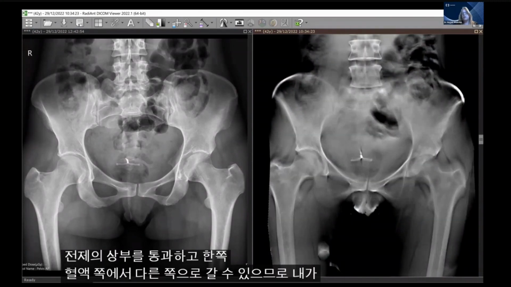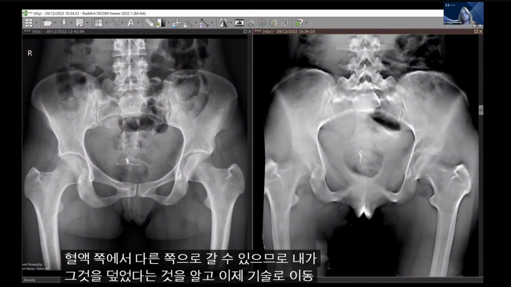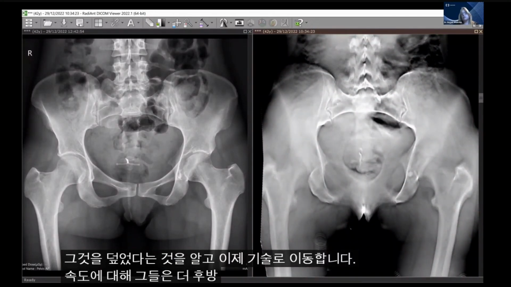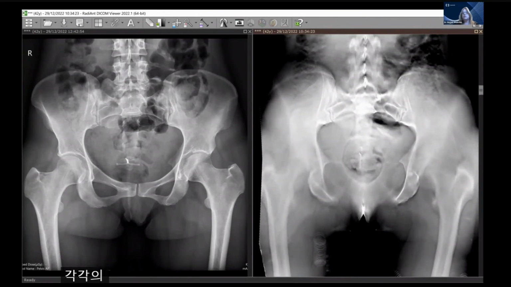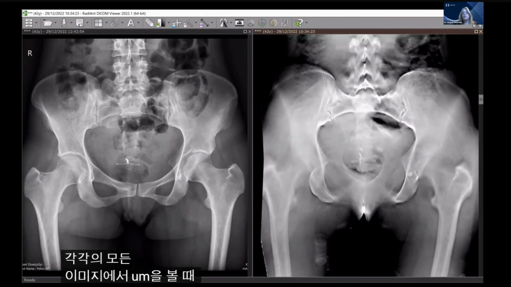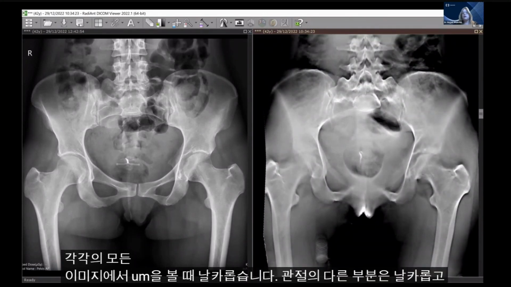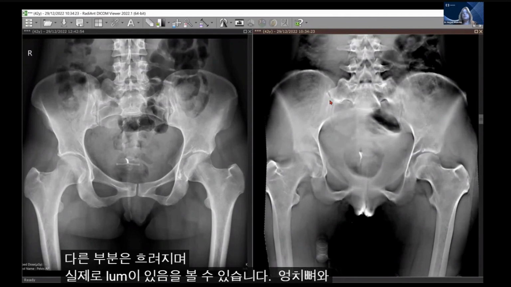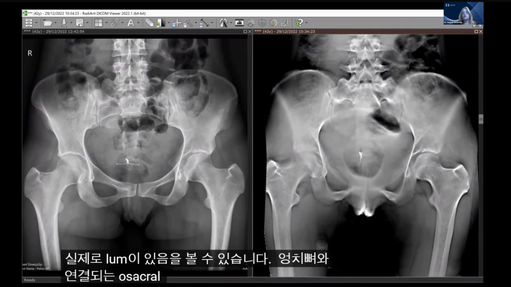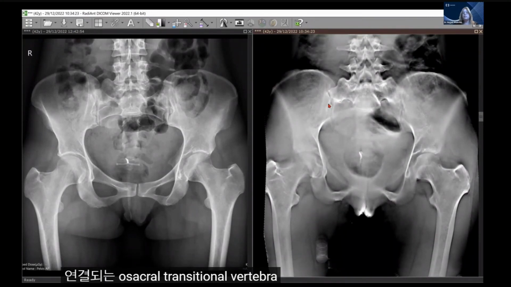So I know I covered it. And now I go to the ischial tuberosities. They're more posterior, so now they're sharp. When I look at the sacroiliac joints on each and every image, another part of the joint is sharp and the others are blurred. And you can actually see that there is a lumbosacral transitional vertebra articulating with the sacrum.